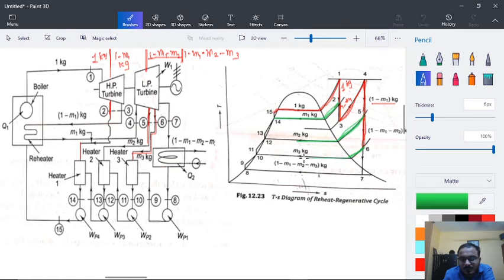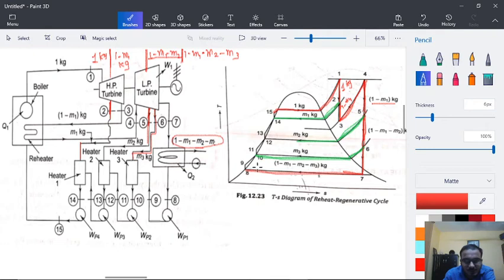M3 is going into heater number 3, and then the remaining is 1 minus m1 minus m2 minus m3, which is going into the condenser part, that is over here. And now what is going to happen in the heaters?